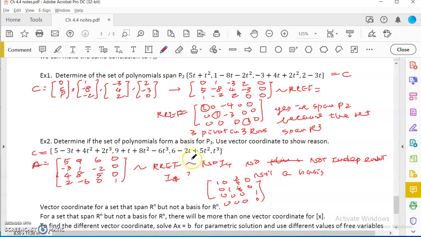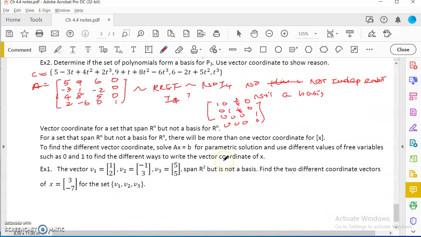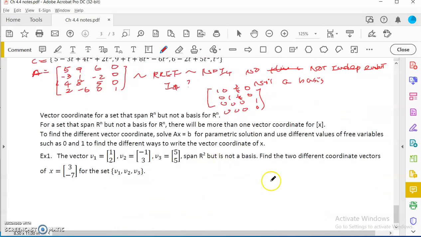The third one is actually a combination of the other ones. The last one is about 3 vectors, and it is not a basis, but because of that, we still want to use it as a coordinate to see what we can write for 3, negative 7. So meaning they are not a basis, but how can I write 3, negative 7 as a combination of them?